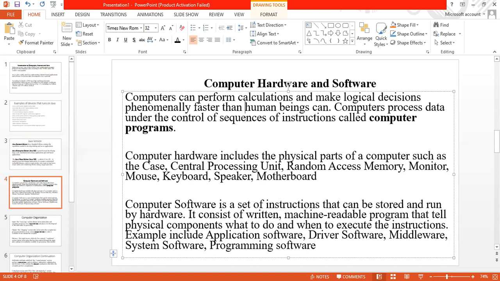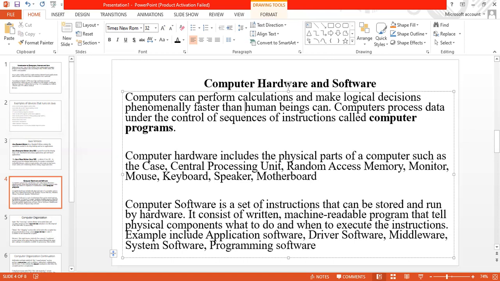So these are instructions. So this is also applicable to our computers, so we call it computer programs. They are sequence of instructions that are given to the computer to perform or to execute tasks. And we can make use of our input devices. We are still going to get to that as we proceed in this course.